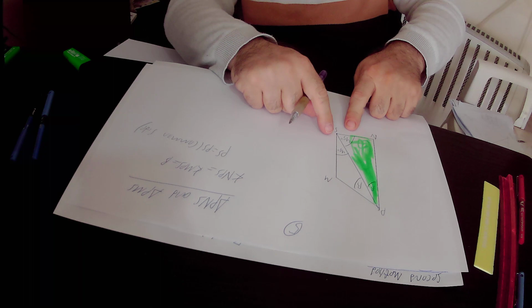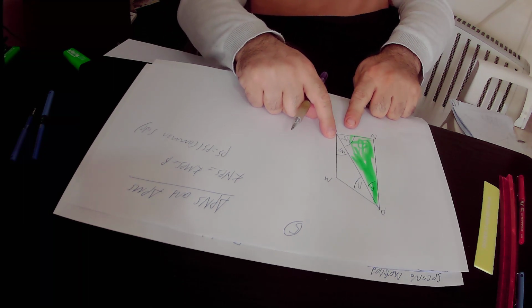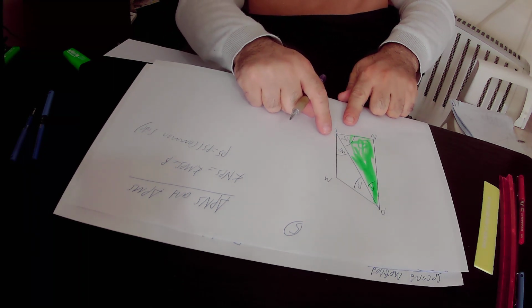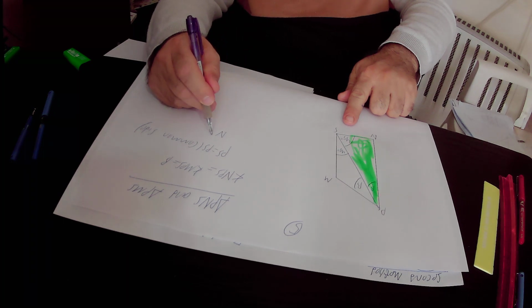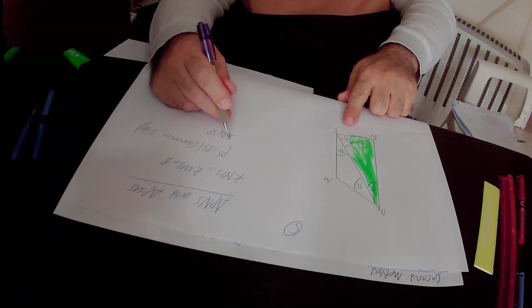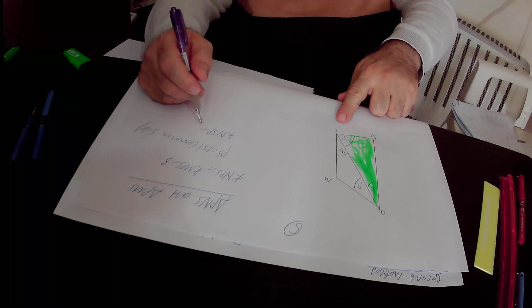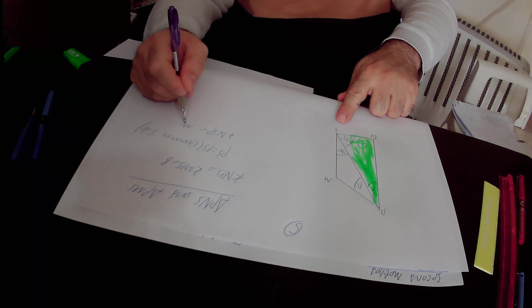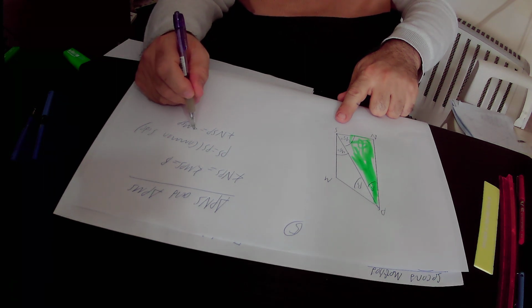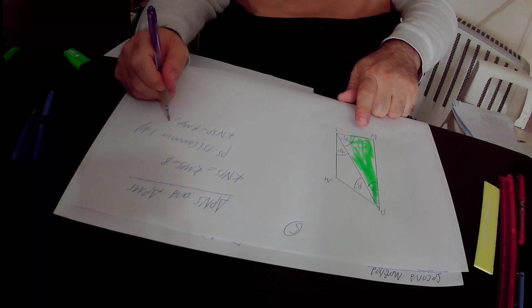And those two angles are also equal to each other, they are both equal to 45 degrees, so angle NSP of the green triangle is equal to angle MSP of the white triangle, and both angles are equal to 45 degrees.